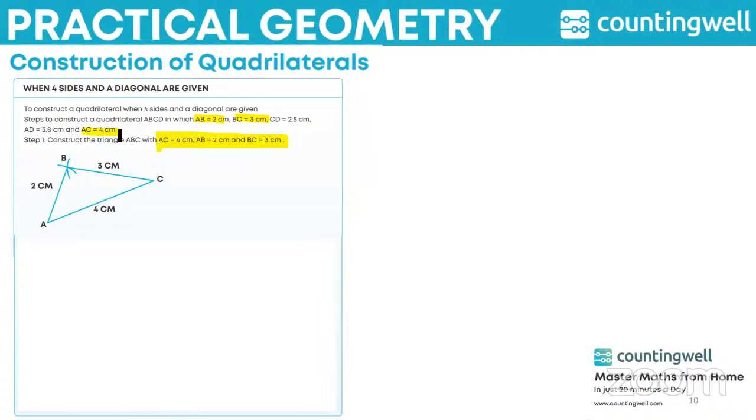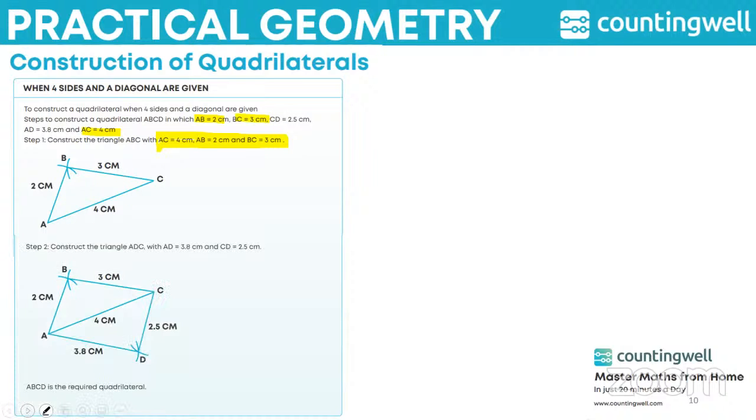Because here you will have triangle ABC and it is easy to construct. So AB is taken as 2 centimeters, BC is taken as 3 and AC is taken as 4 centimeters.